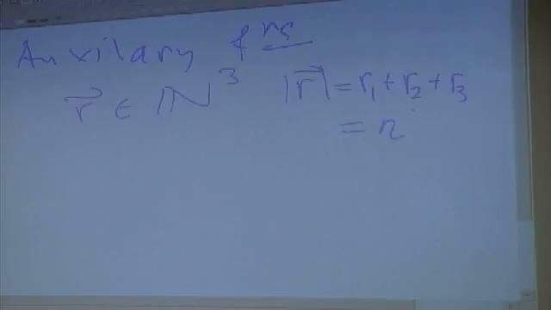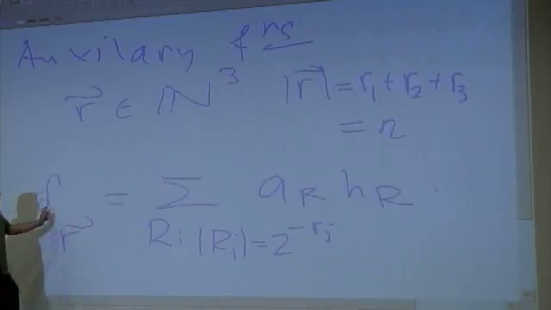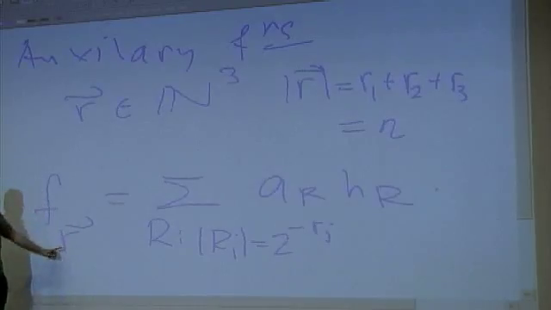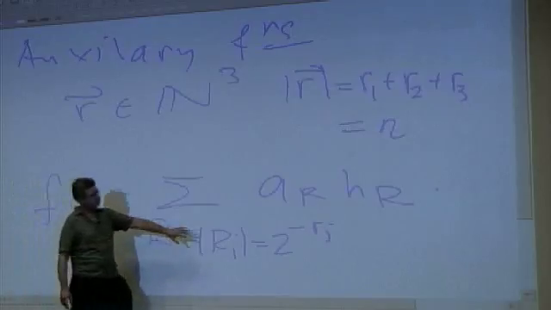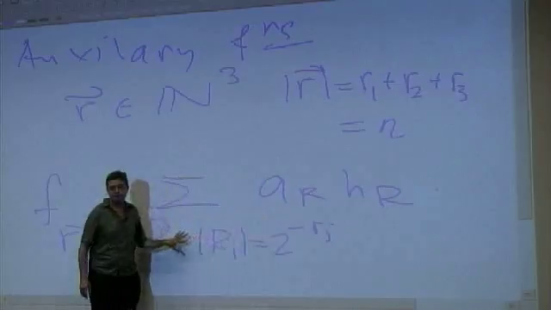And then little f, so these auxiliary functions would then be the sum over dyadic rectangles such that R_j is 2 to the negative R_j, A_R, H_R. So this vector encodes the geometry, or the side lengths, of the rectangles that you sum over.